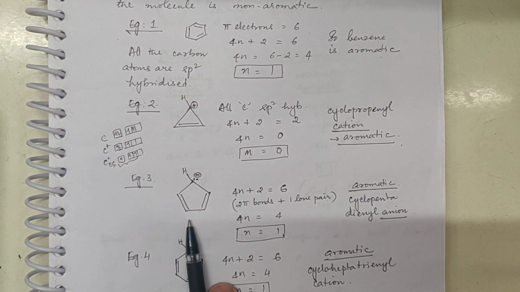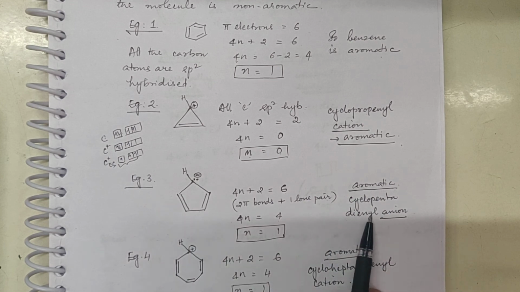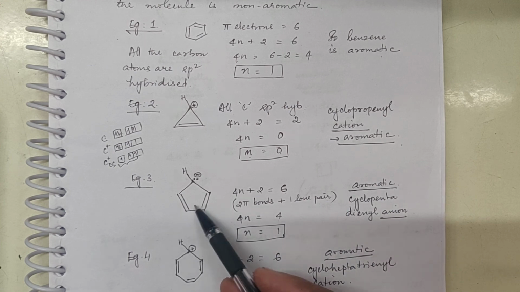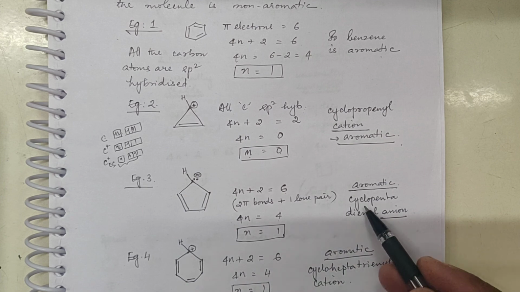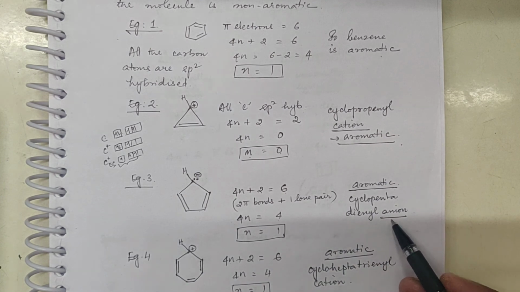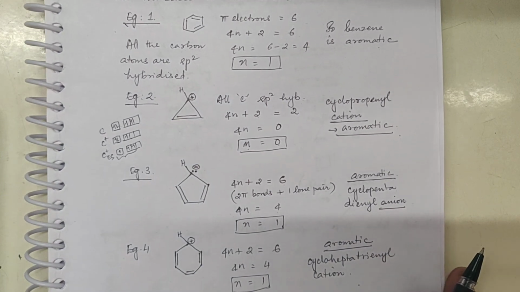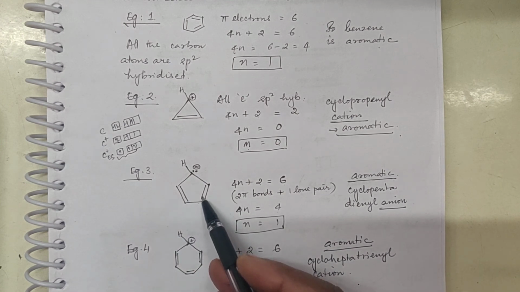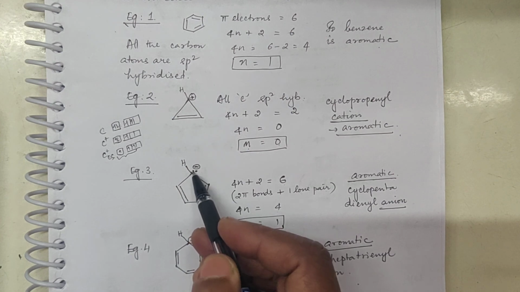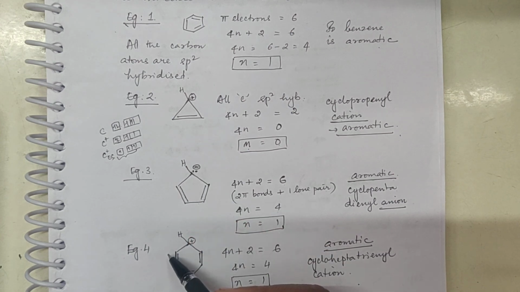This is the cyclopentadienyl anion. There are 2 double bonds and it is cyclic, made up of 5 carbon atoms. So it is the cyclopentadienyl anion. Okay. Now let us see here. There are 2 pi bonds and there is a lone pair of electrons here.